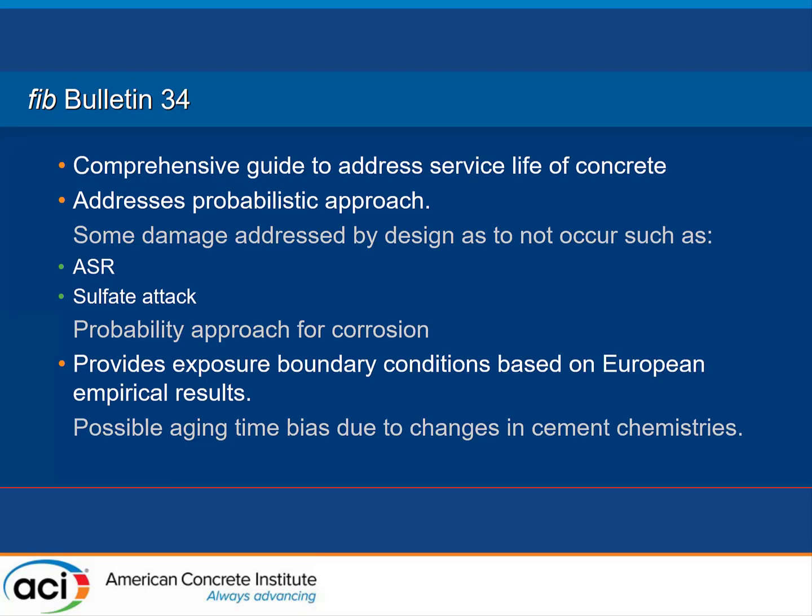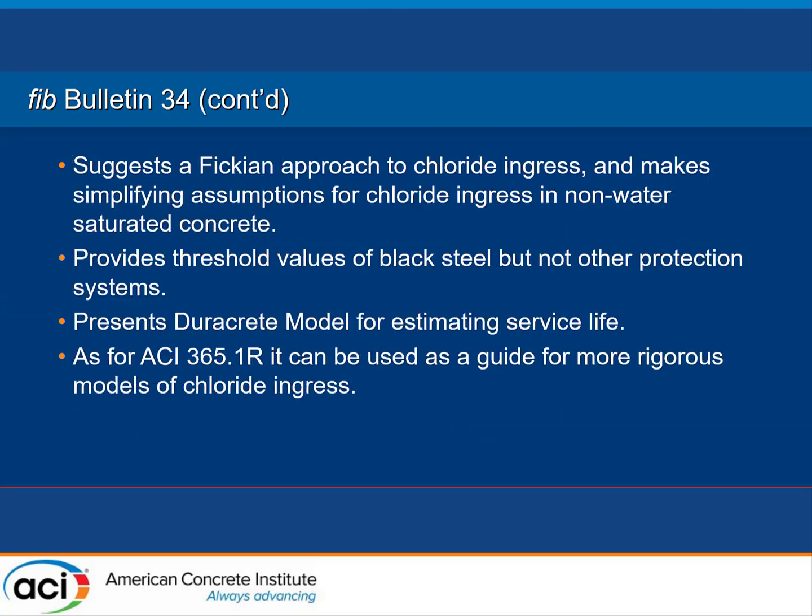You can provide exposure boundary conditions, basically based on European empirical results, which might be a little bit different than what we would say in the US and North America. Possible aging time bias due to changes in cement chemistries: a lot of the long-term information is based on concretes made with cements that we don't use today.